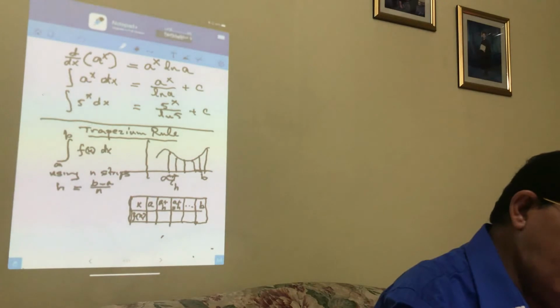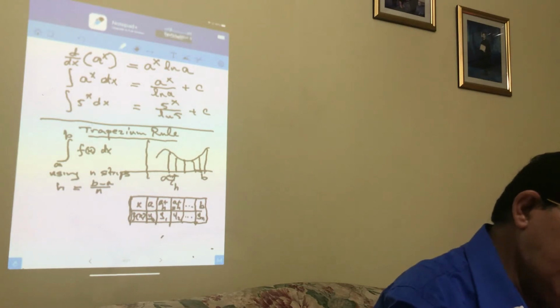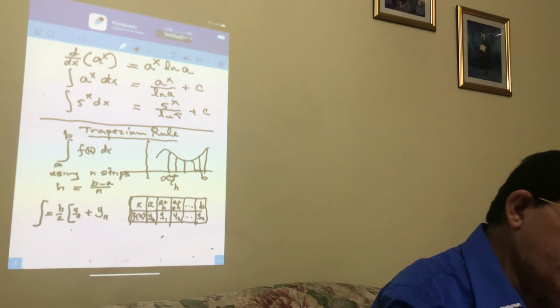We will get values of y. This is called y0, y1, y2, and so on. The last one is yn. The rule says that the numerical integration equals h over 2, open bracket, the first y plus the last y plus twice all the other y's in between, y1 plus y2 plus y3 until the y before the last.